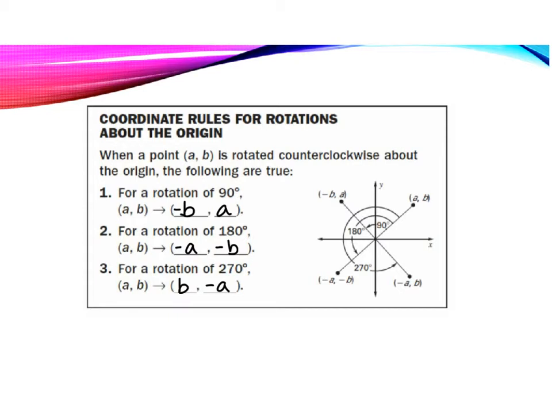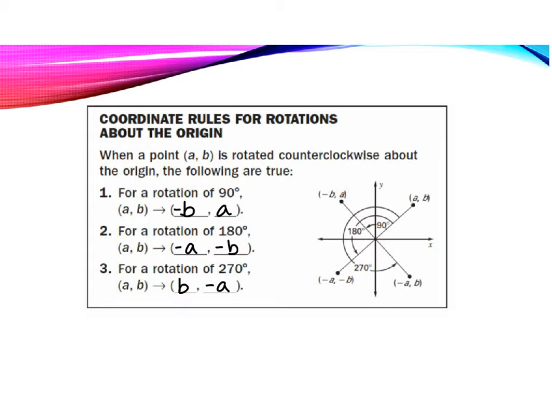Now rotate that another 90 degrees, following the same rule. Our (negative B, A) here, switch them around again and put a negative on the second value, A.